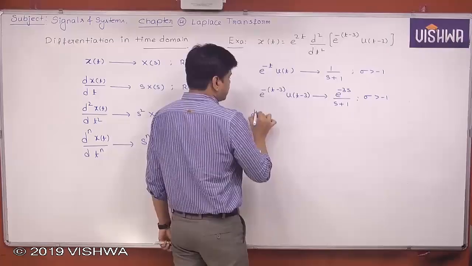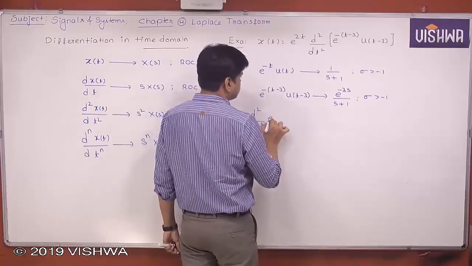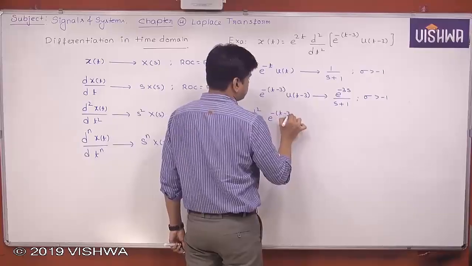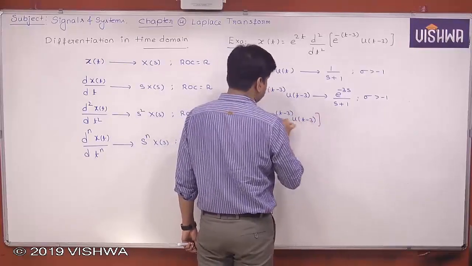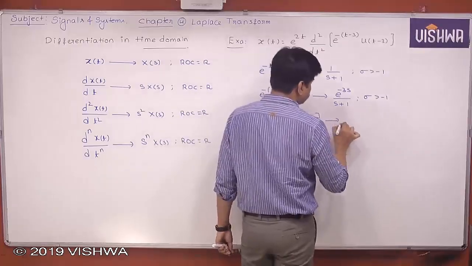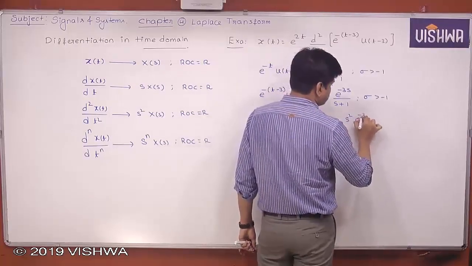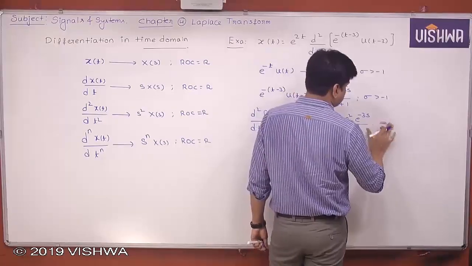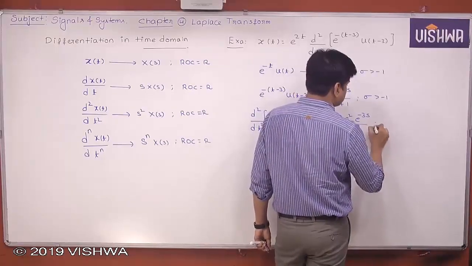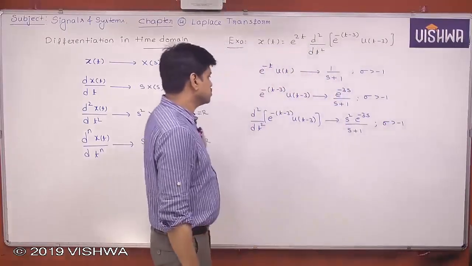If I differentiate 2 times in the time domain, then in the s domain we have to multiply with s square, sigma greater than minus 1. Okay.